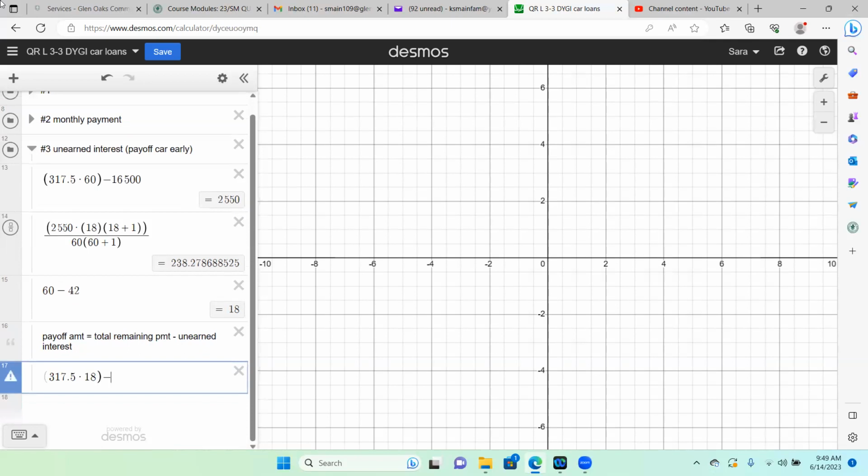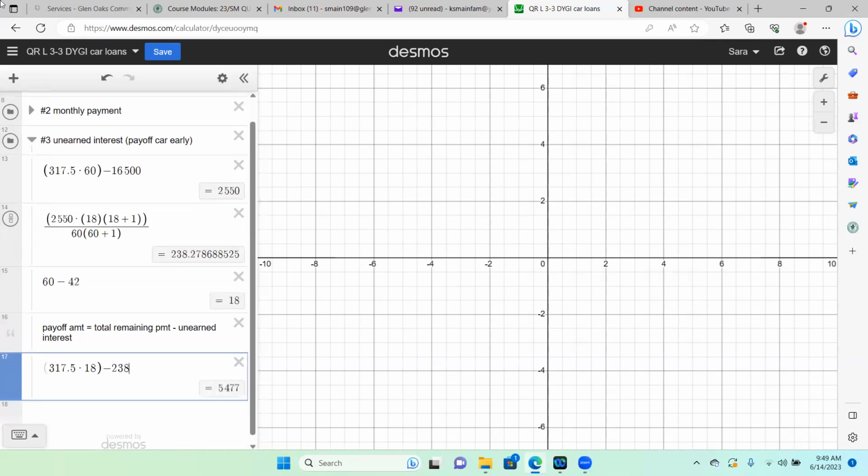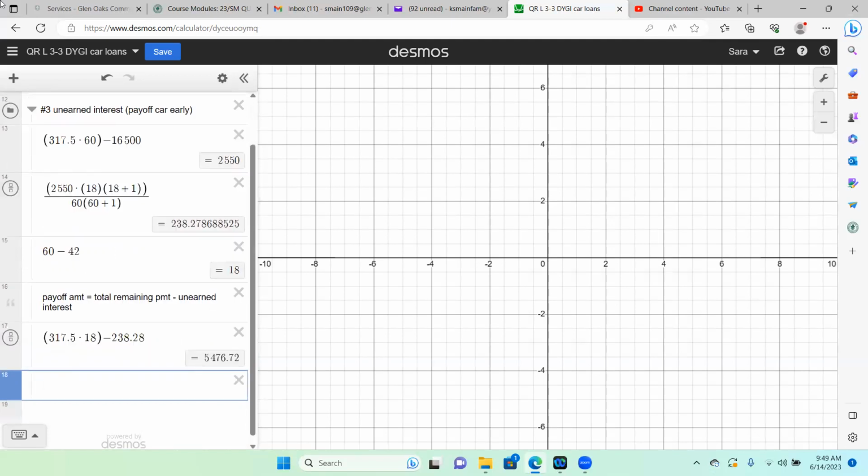And then I'm going to subtract away the unearned interest of $238.28. So our remaining balance, the payoff amount, is equal to $5,476.72.